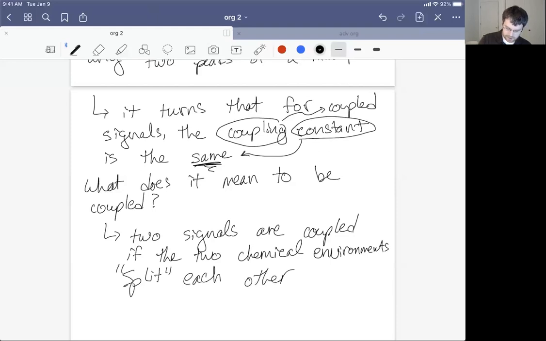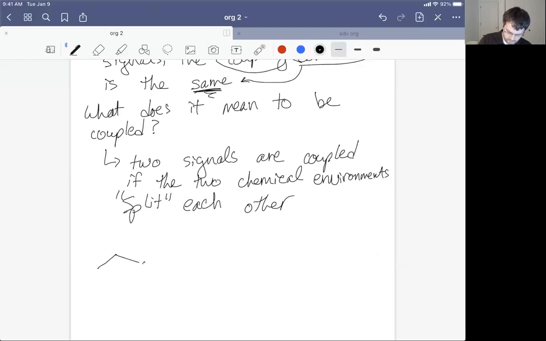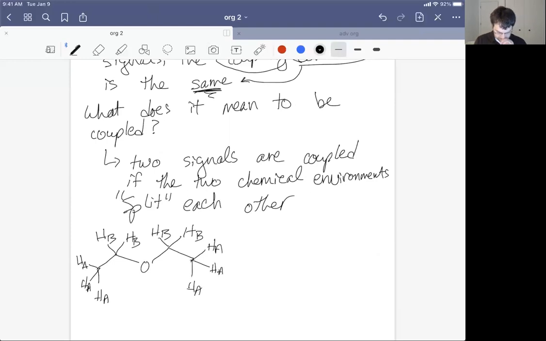Now for this particular example, we have HB, HB, HB, HB. Then we have HA, HA, HA, HA, HA, HA. Now, A has 2 neighbors, depending on where you look.